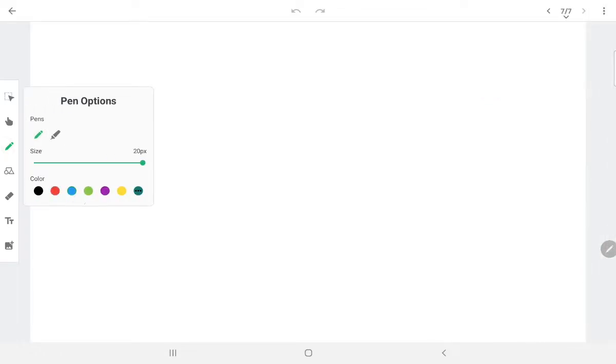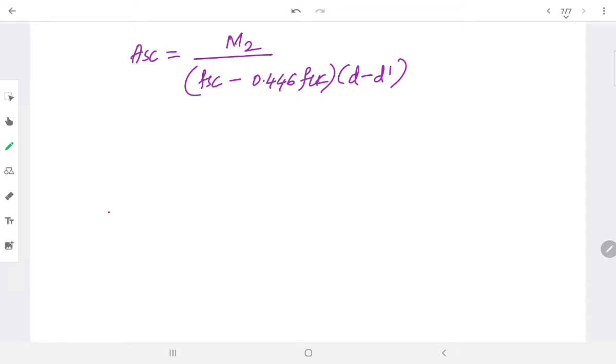Next will be the calculation of compression reinforcement, that is ASC, as it is a doubly reinforced beam. ASC is equal to M2 divided by FSC minus 0.446 FCK into bracket D minus D dash. To calculate FSC, you need to calculate epsilon SC.